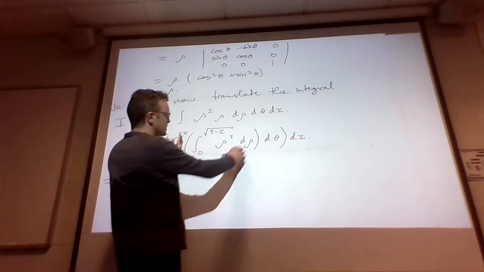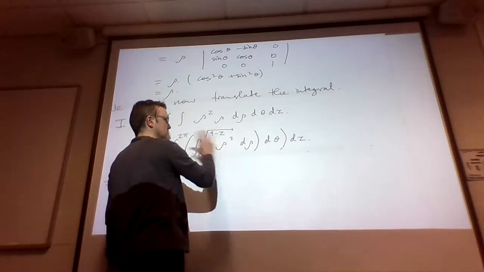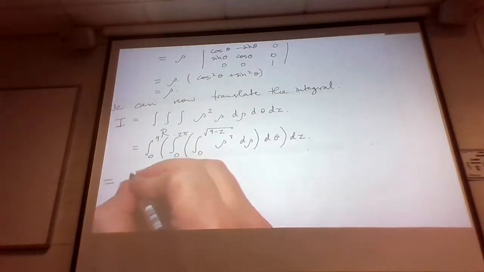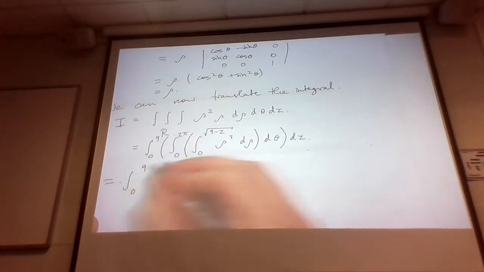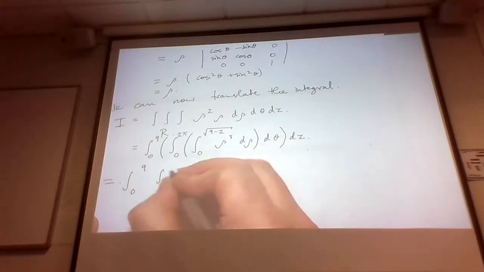So using the linearity of integration, this integral is really just a fixed constant as far as theta is concerned. So we could simplify it slightly by taking the rho integral outside of the theta integral.